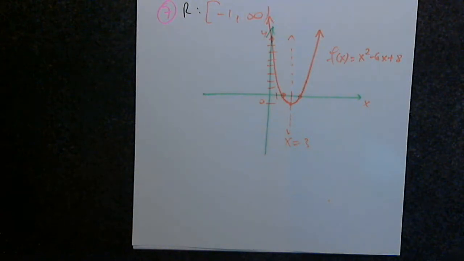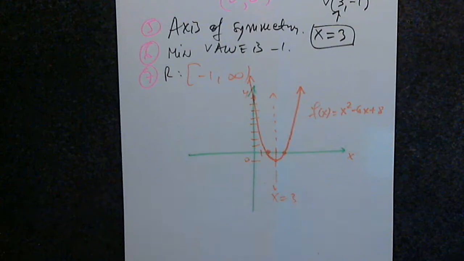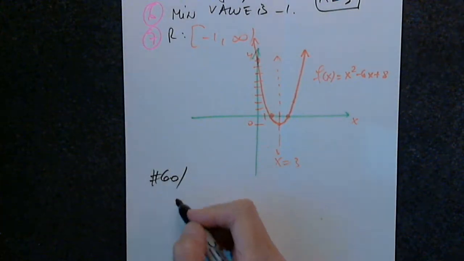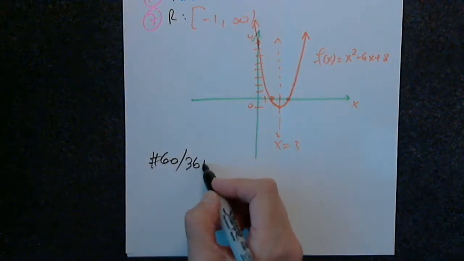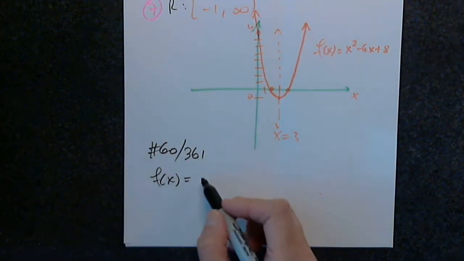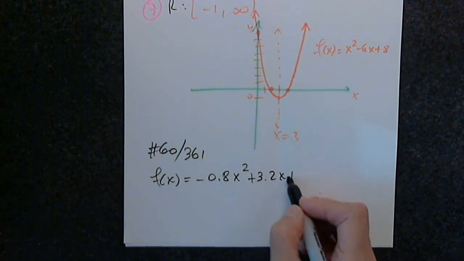And this is a quadratic trajectory of the ball. Okay, so this is problem 60 on page 361. We have f of x equals negative 0.8 x squared plus 3.2x plus 6.